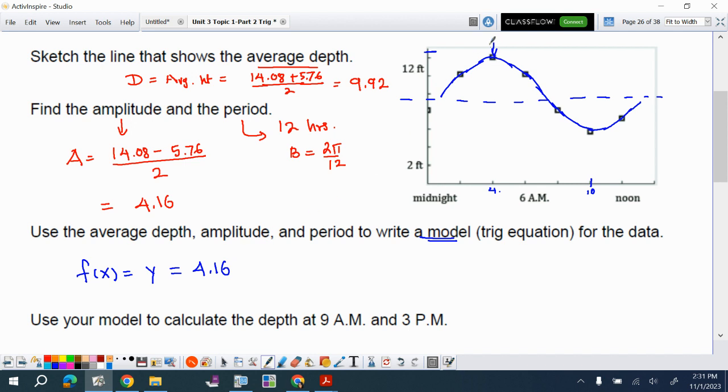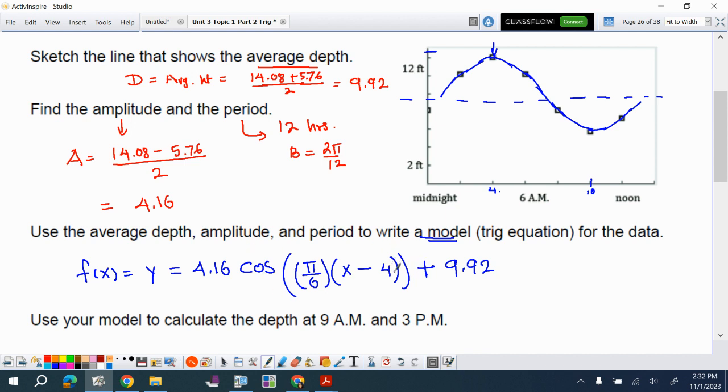I'm going to write from the maximum, so positive cosine of 2 pi over 12, or pi over 6, and I need an extra set of parentheses, x minus 4, where 4 a.m. is the horizontal shift, plus d, the average height, which is 9.92. So this is the model which models the height of the water based on the tide, based on the given data. This is our model. We can predict values based on this model.